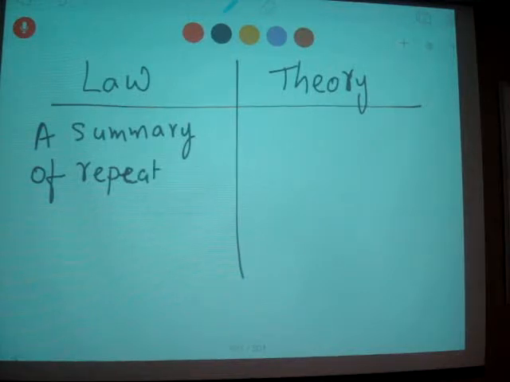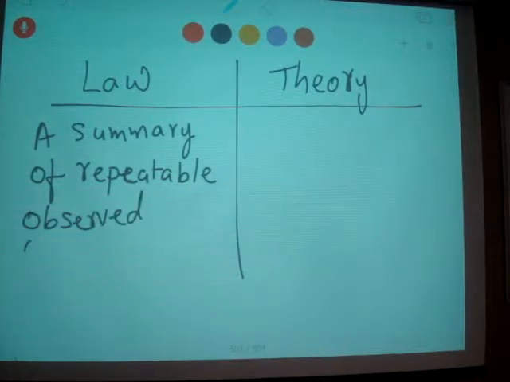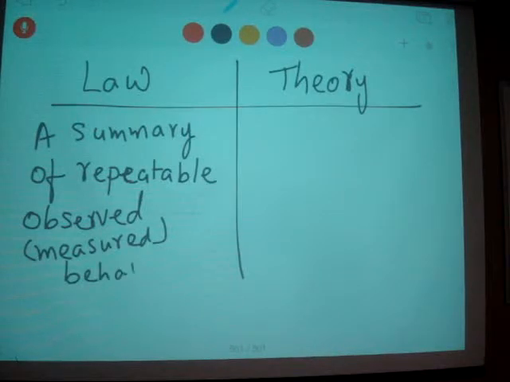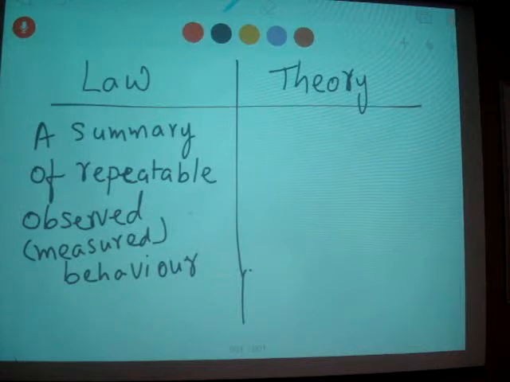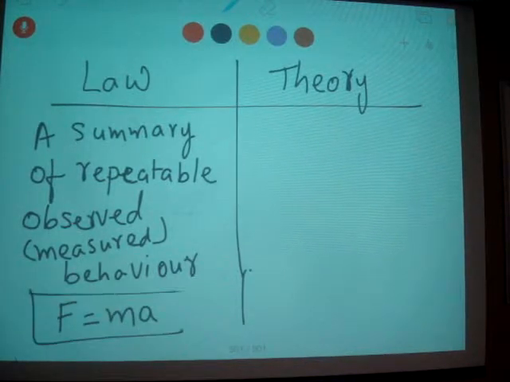Repeatable. Alright. Repeatable observed. That is measured behavior. For example, Newton's second law, F equals ma. We express mathematically, right? And so that is our law.